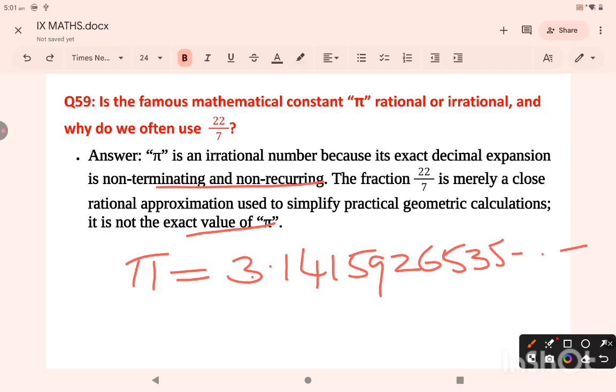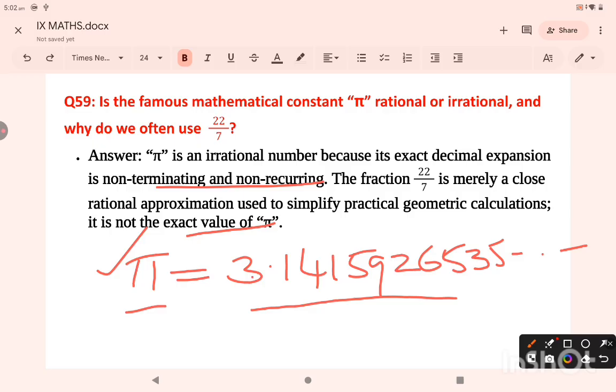This is a non-terminating, non-recurring decimal. The exact value of pi is equal to this one. Here we know that every non-terminating, non-recurring decimal cannot be expressed in the form of p by q. Therefore, pi is an irrational number.